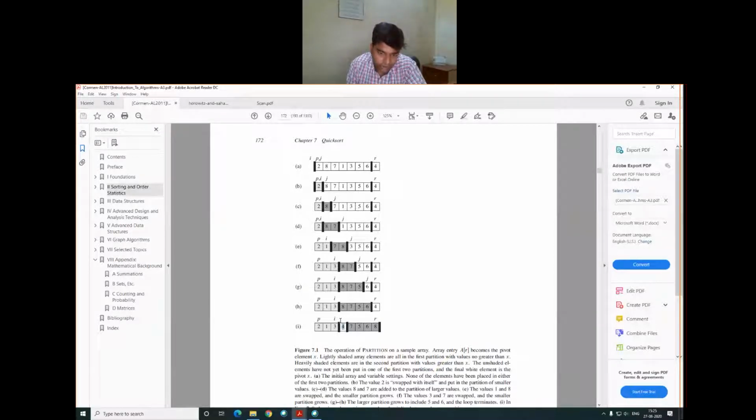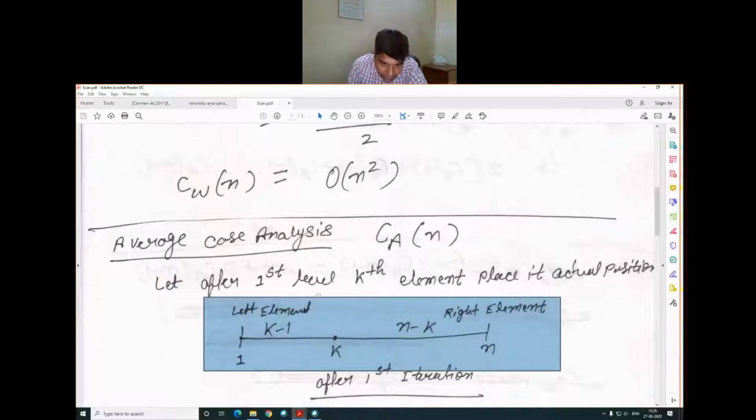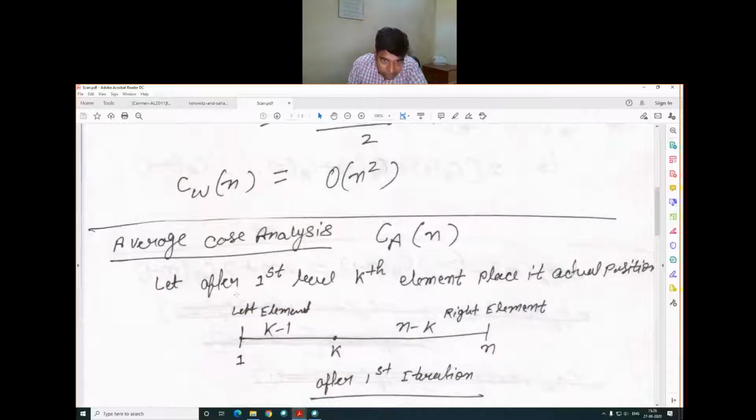This one is the first level, and this is the picture I just shared to map the mathematical model. After the first iteration, the element is placed at the kth position, its actual position.